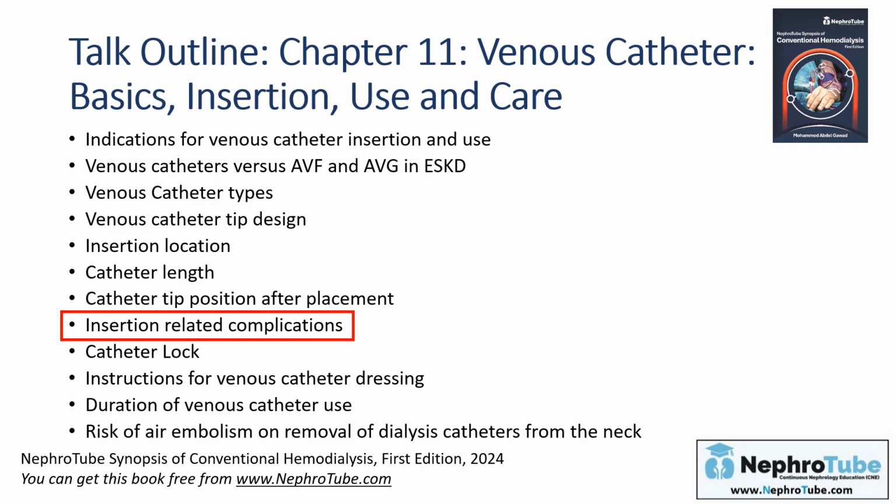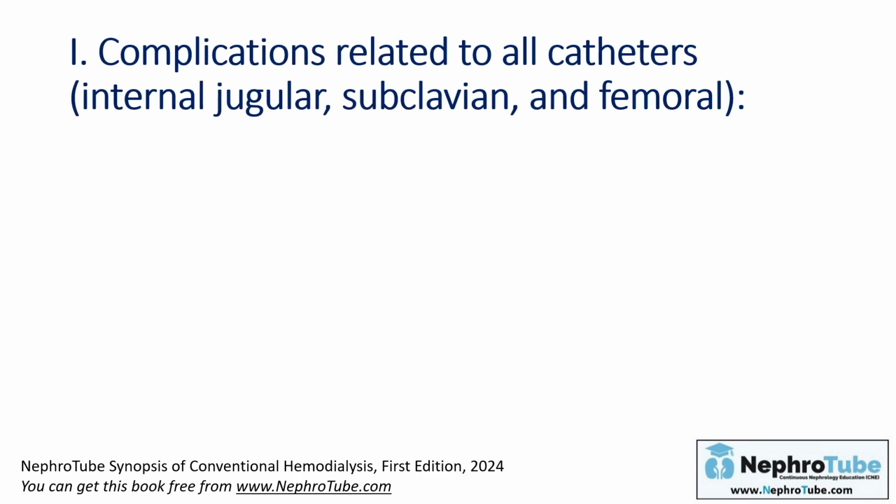Regarding insertion-related complications, what are the complications related to catheter insertions? Let's talk about complications related to all catheters, whatever internal jugular, subclavian, or femoral. The first is arterial puncture, and this is common, by the way.